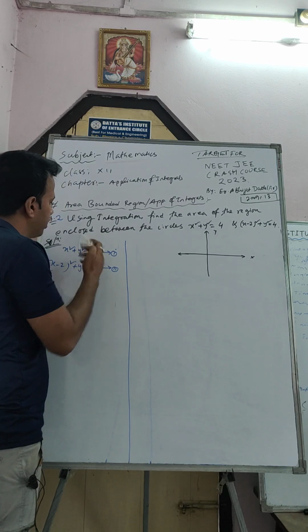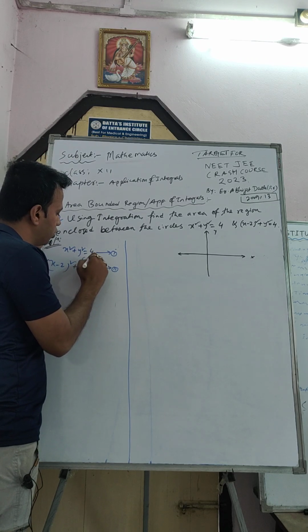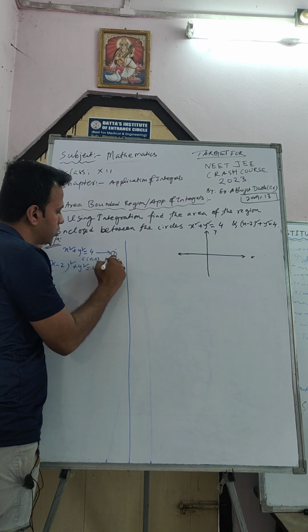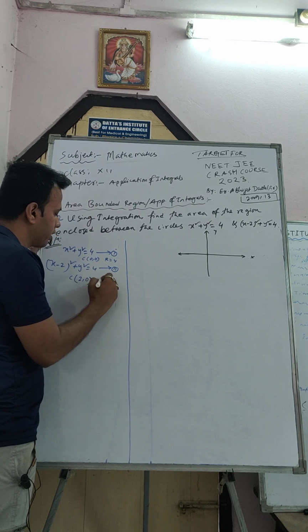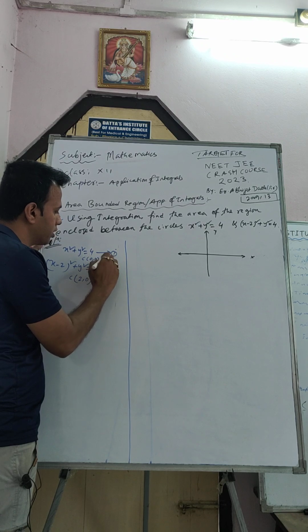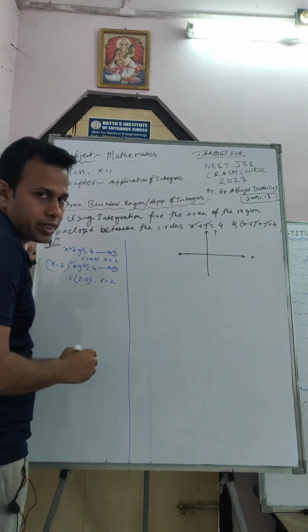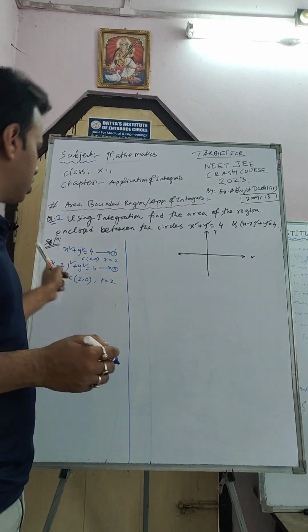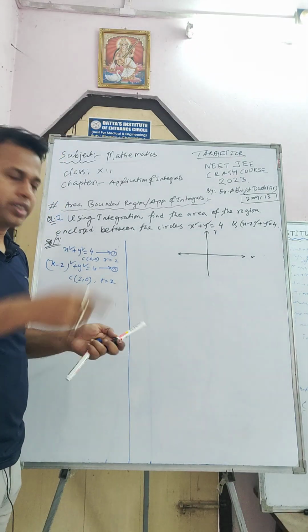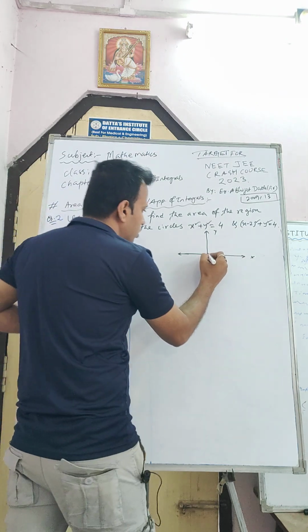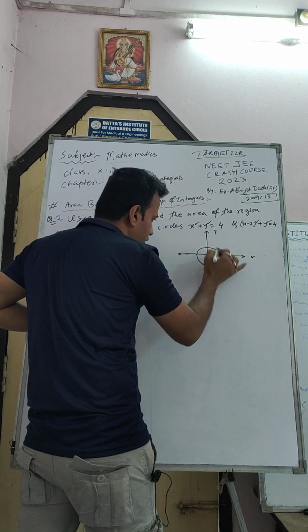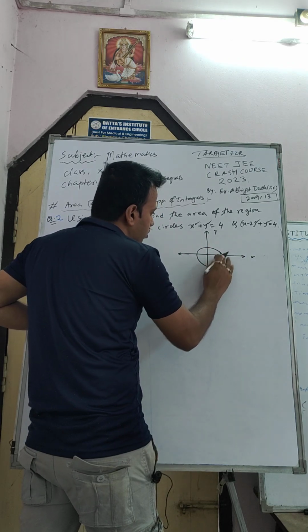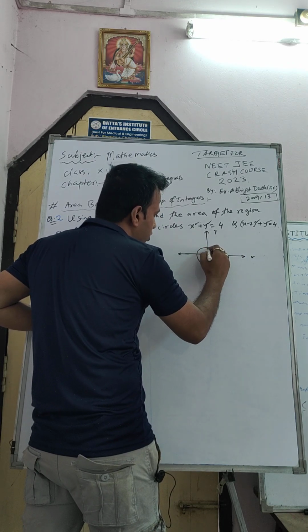Here center C is 0, 0 and radius is 2. For the other, center C is 2, 0 and radius is 2. Both have the same radius. One circle has its center at the origin. Suppose this one is one circle, I draw a circle, this one is one circle.